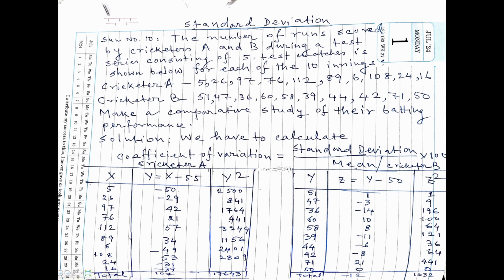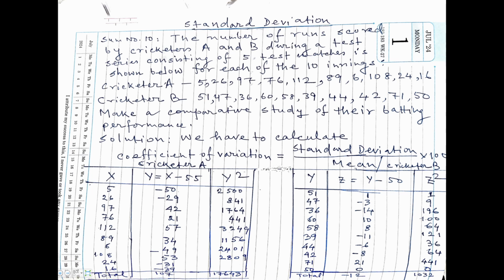When the coefficient of variation is less, that is better. The cricketer whose coefficient of variation is less is better than the cricketer whose coefficient of variation is more. That means standard deviation by mean.